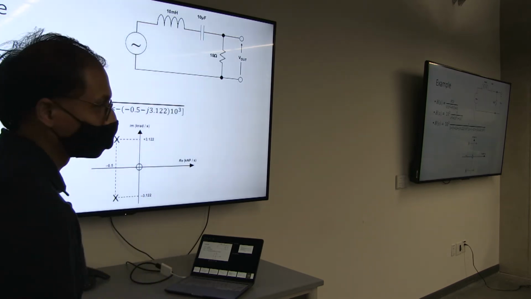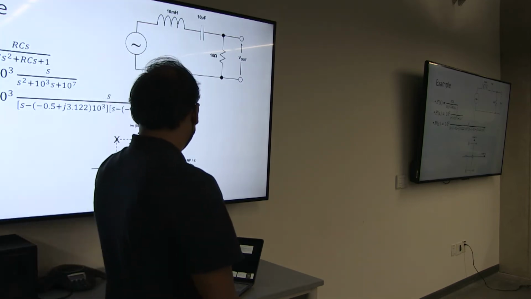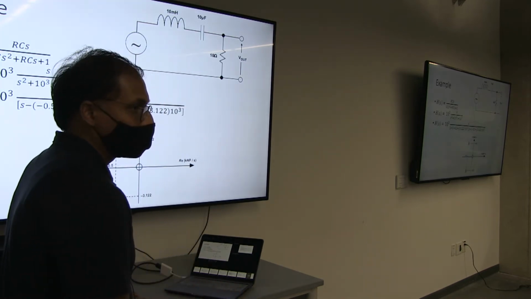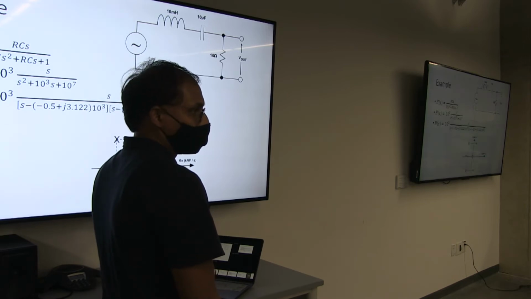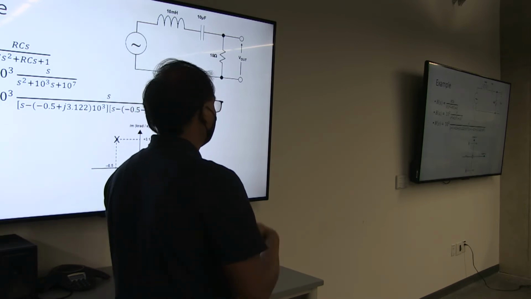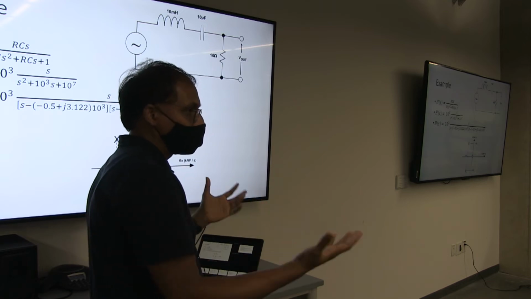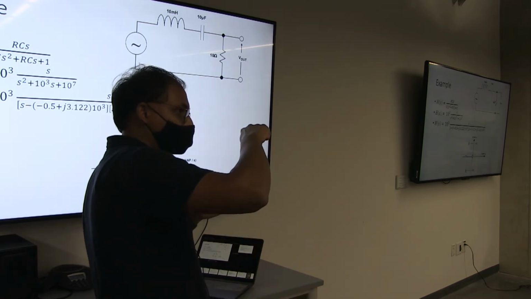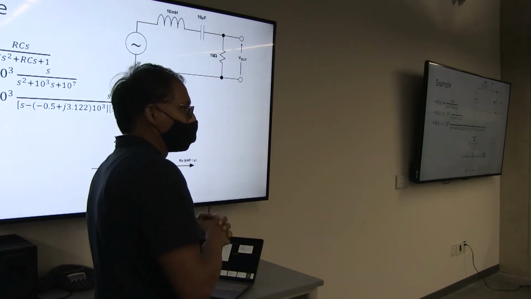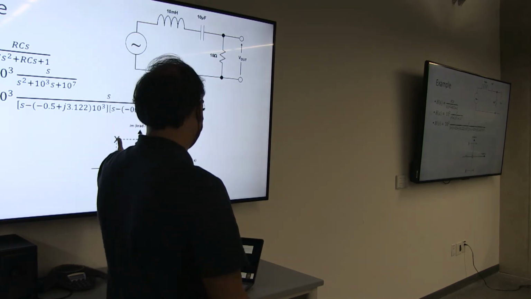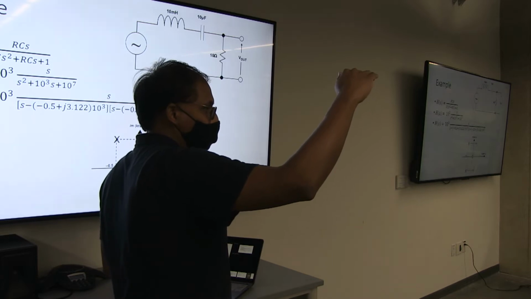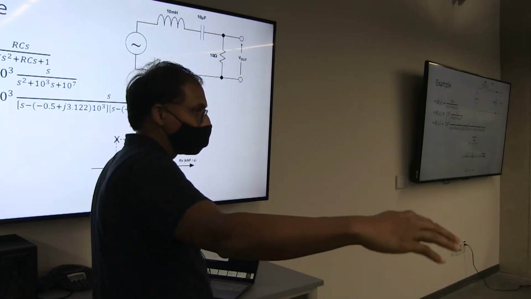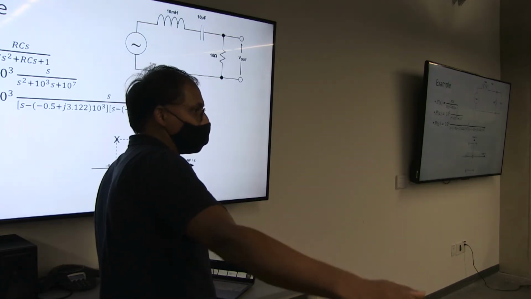Because if you look at the pole-zero plot, we have a 0 at origin. That means from origin, if we look at the frequency domain transfer function, it starts rising up, right? And then we have 2 poles. So it starts rising up, it flattens at a certain point, and then it starts rolling off with minus 40 dB per decade.